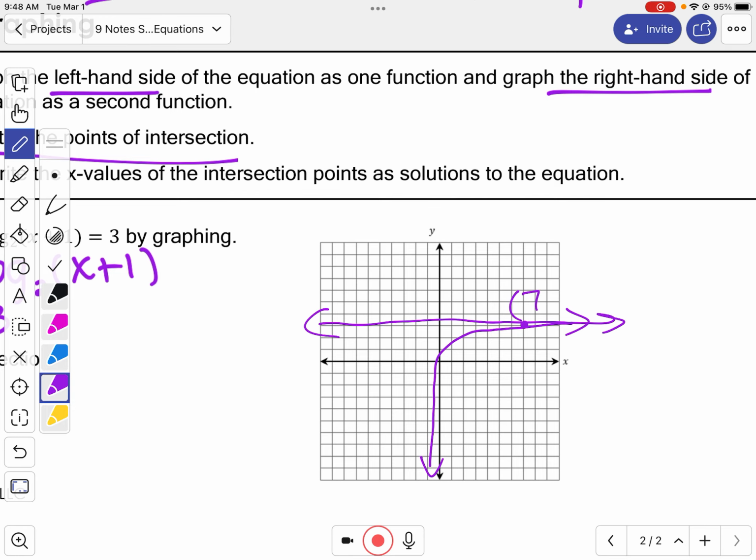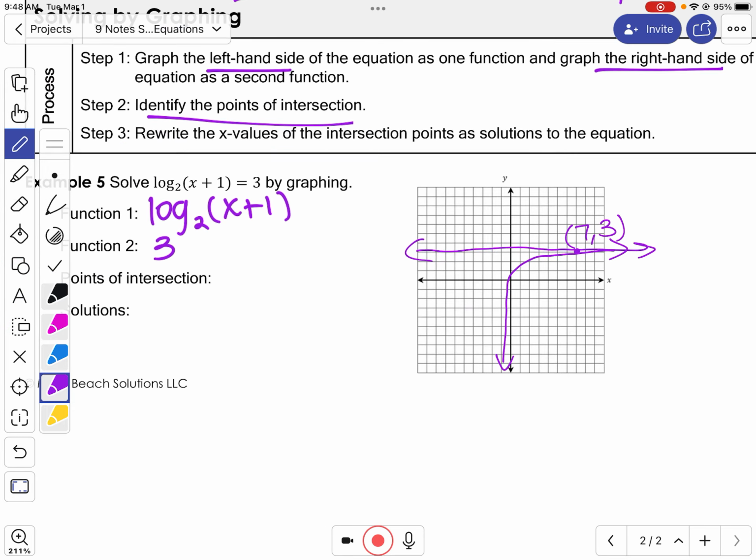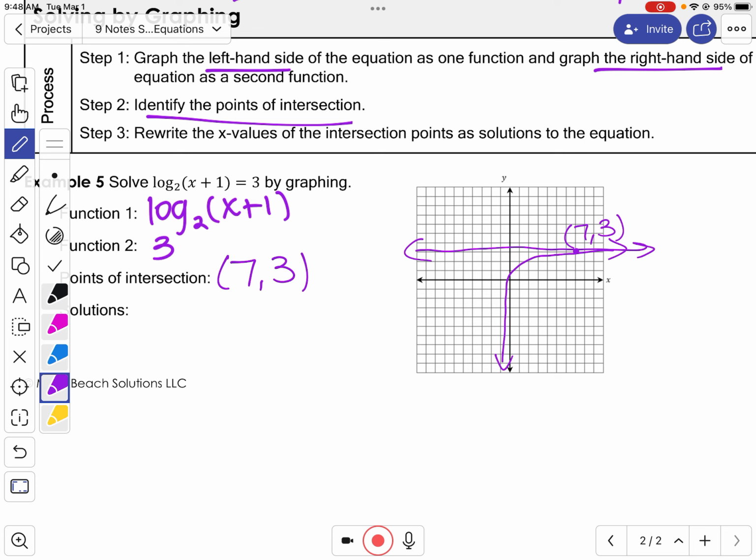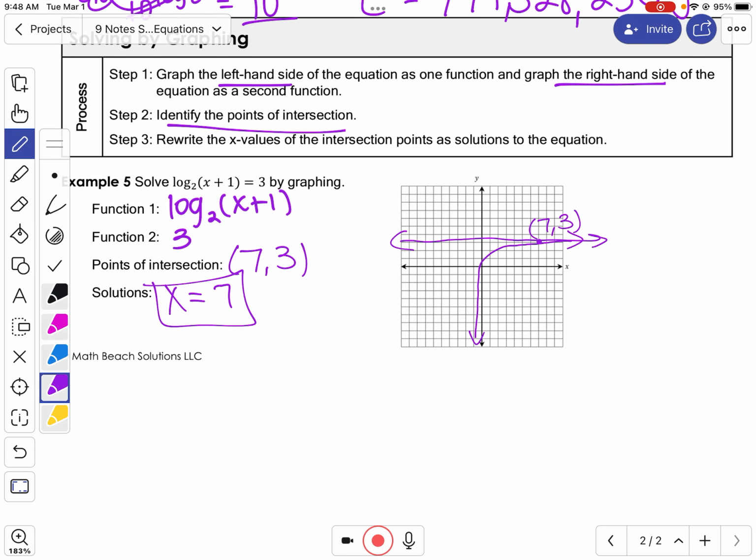That was 7, 3. So point of intersection 7, 3. We're solving the equation, so just x equals 7 would be your solution there. So those are the different ways of solving a log function or a log equation, so finding x. If you have any questions, please let me know.